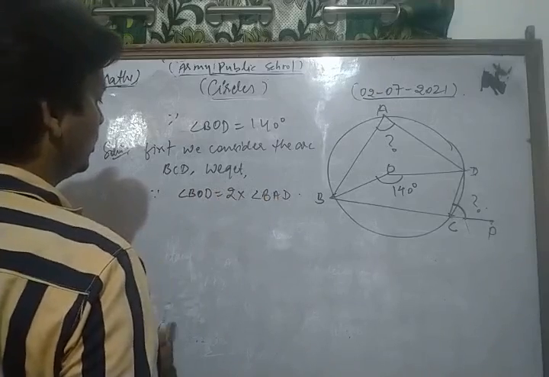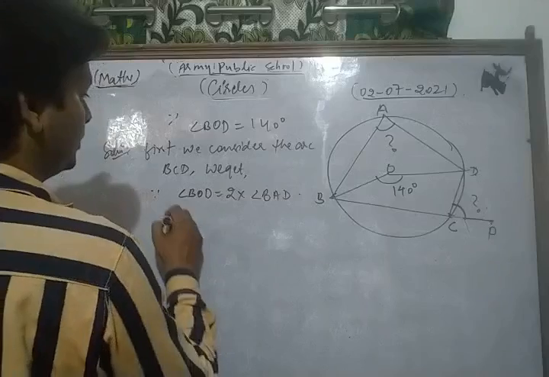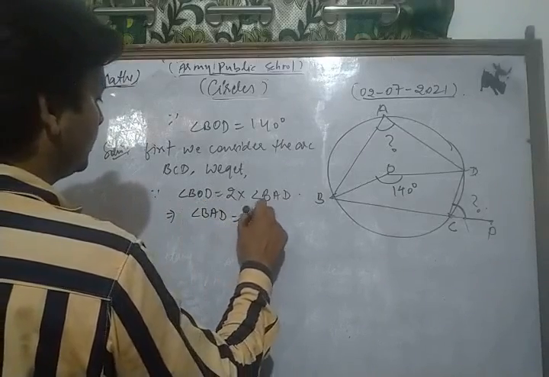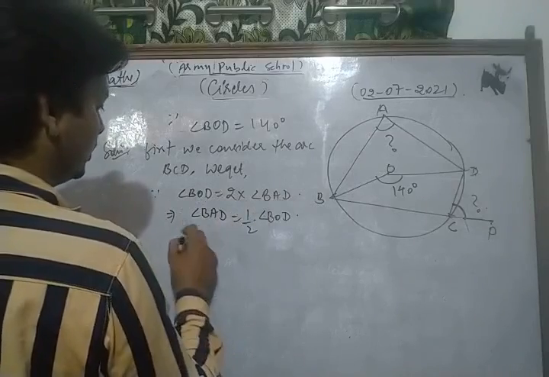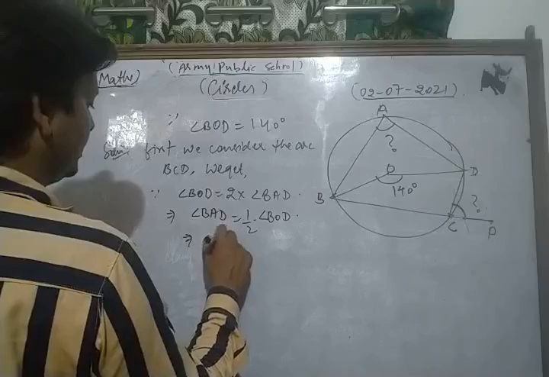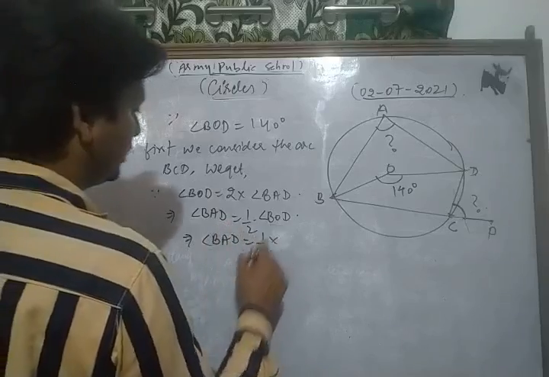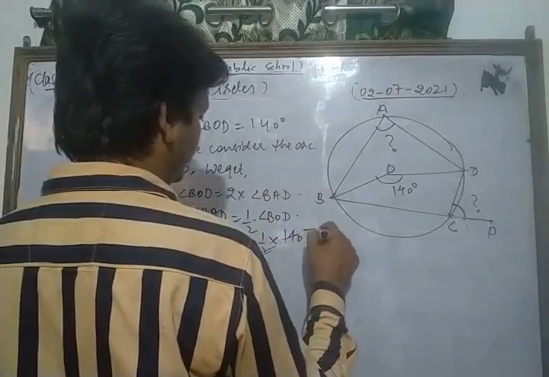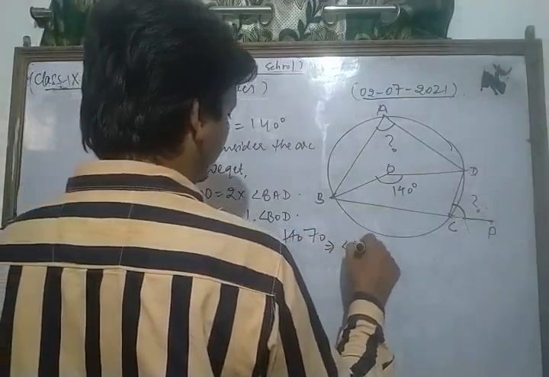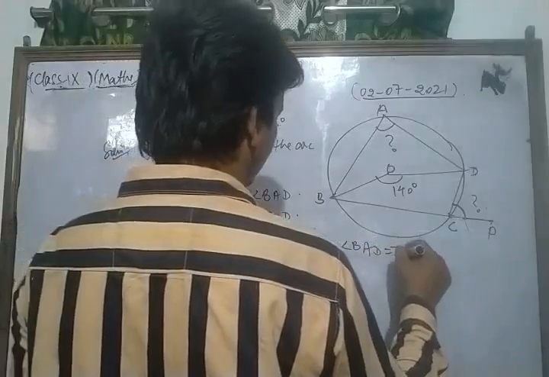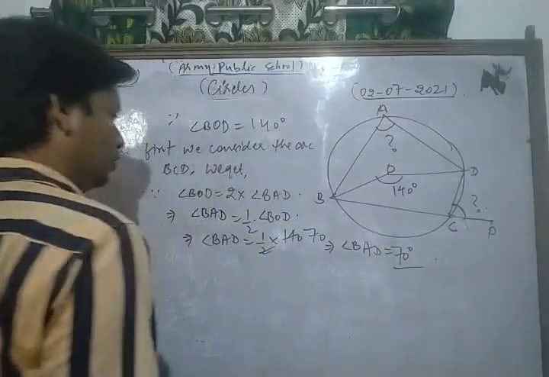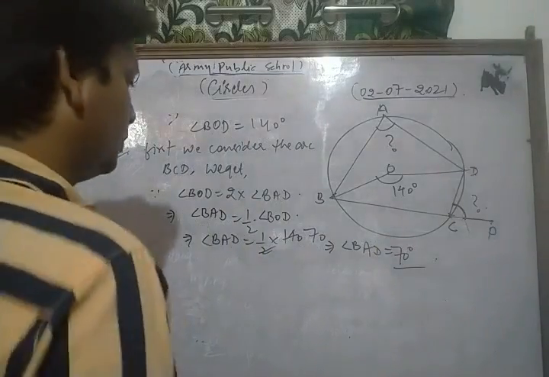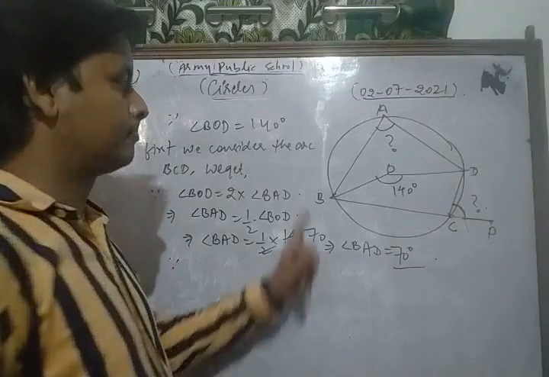So angle BAD is equal to 1/2 times angle BOD. So in this way we find angle BAD is 70 degrees.